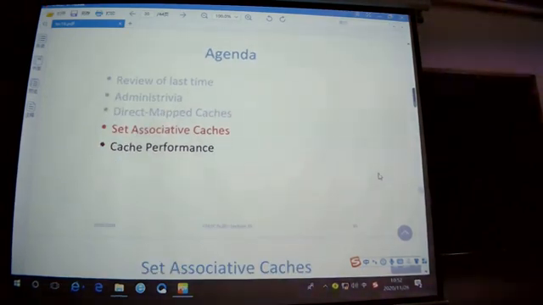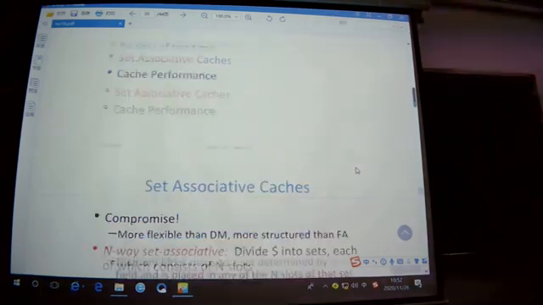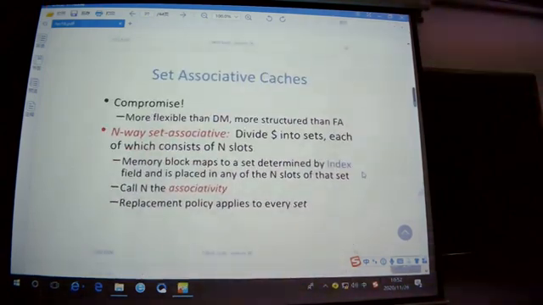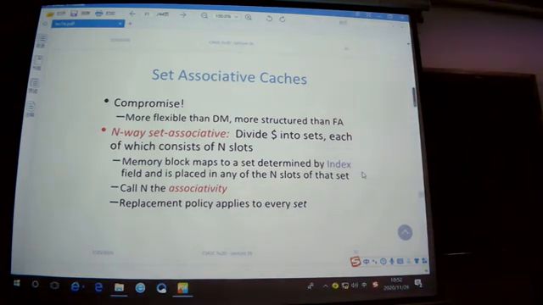Okay, we can see associative cache and cache performance. Set associative cache, we can choose a compromise. Compromise is a condition. We can find the compromise in Chinese we call 妥协 or 折中.